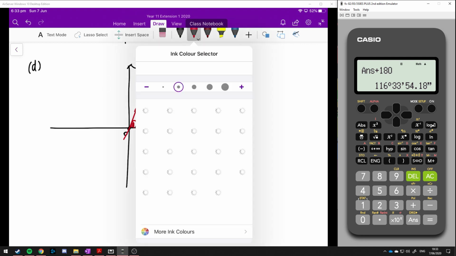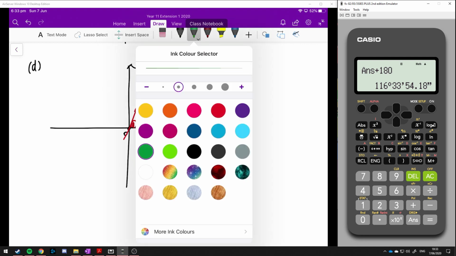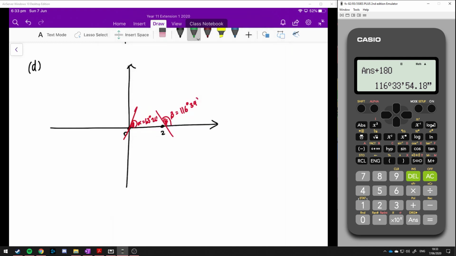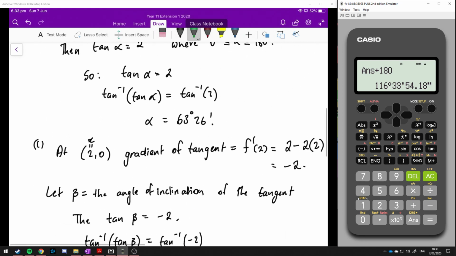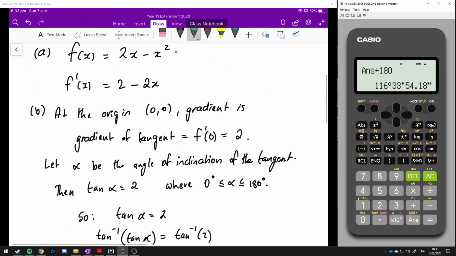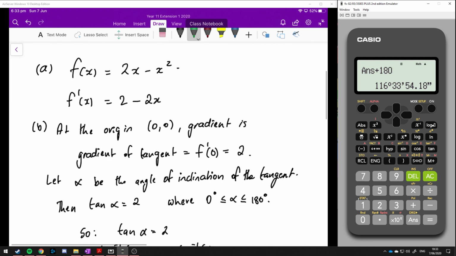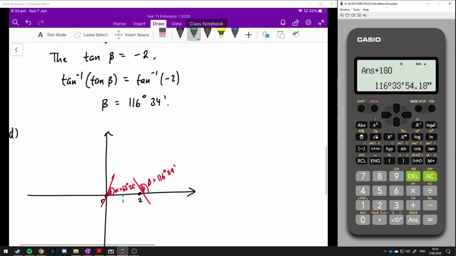Now we can draw our graph on here. I'm going to use green for this one. Halfway between there is 1, and we substitute that into our original equation to get 2 times 1 is 2, minus 1, so it's just 1. So my turning point is here, and our graph goes down like that.